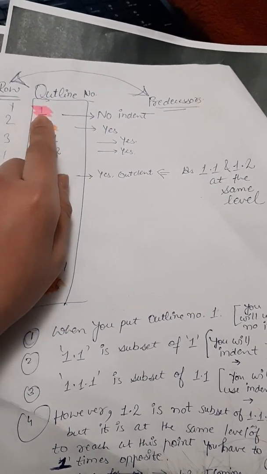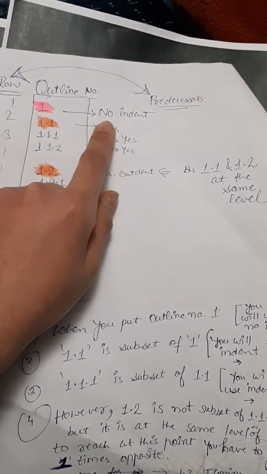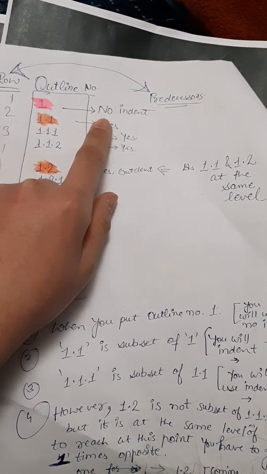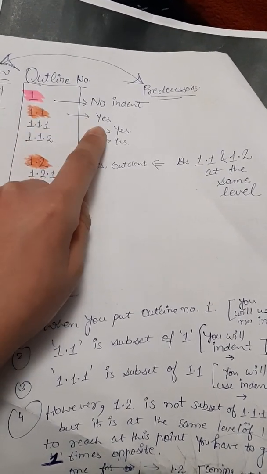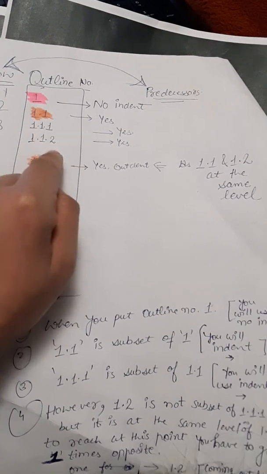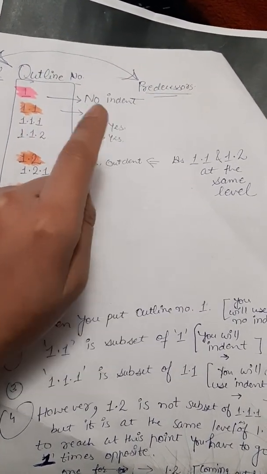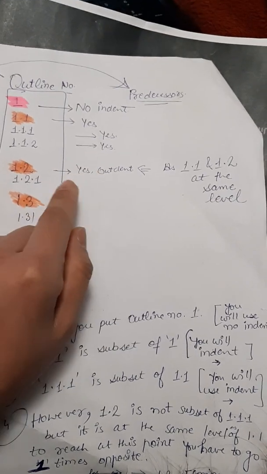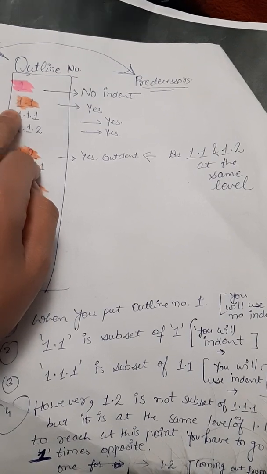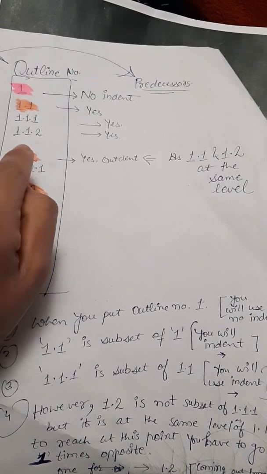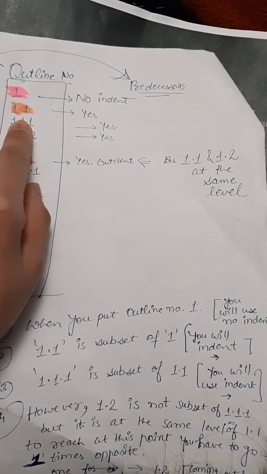So when you put the entry as per your exercise, you will not use any indent, right? For 1.1 you will use indent, and further for this you will use one more indent, right? However, 1.2 is at the same level as 1.1 but not of this, because once you use this indent you will get this.